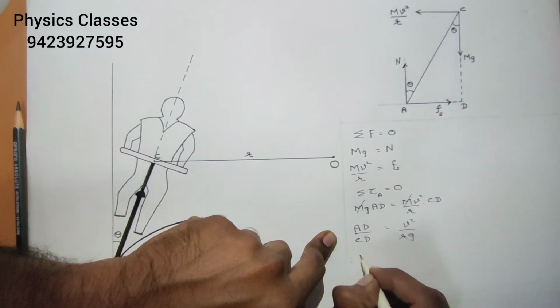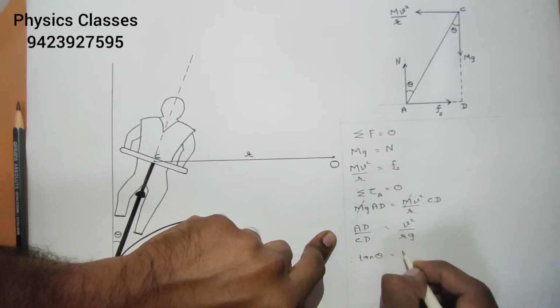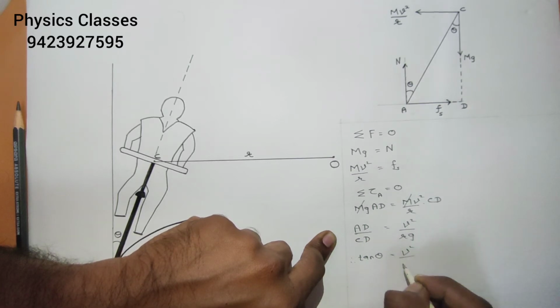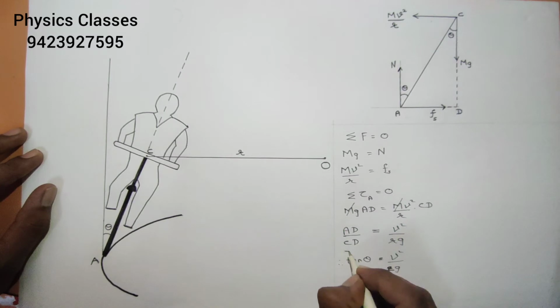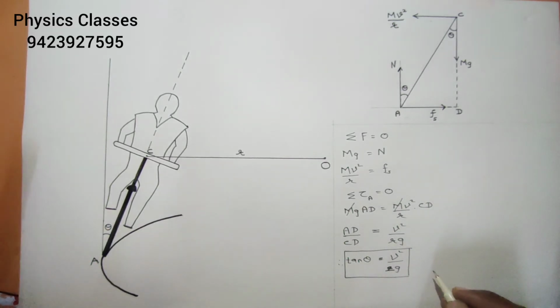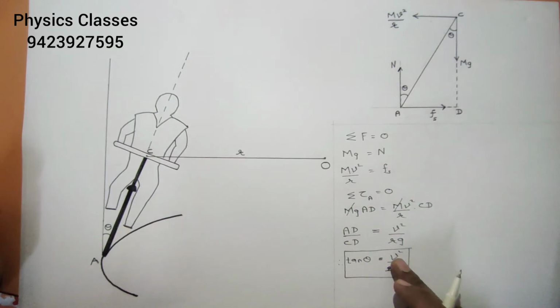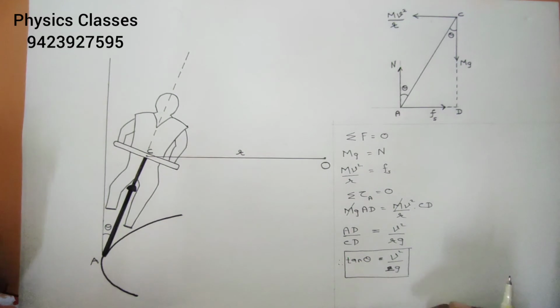So therefore tan theta is equal to v square upon rg. So from this equation, for a particular value of velocity, you can find the particular value of angle theta. And it is obvious that as velocity is greater, the angle theta will also be greater.